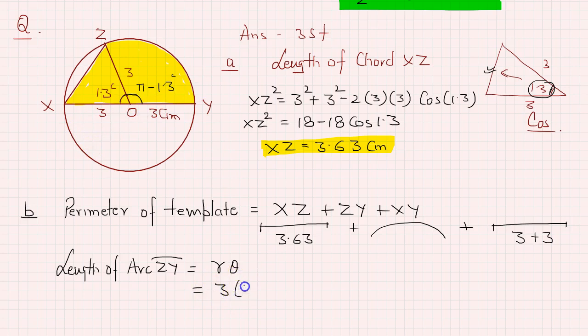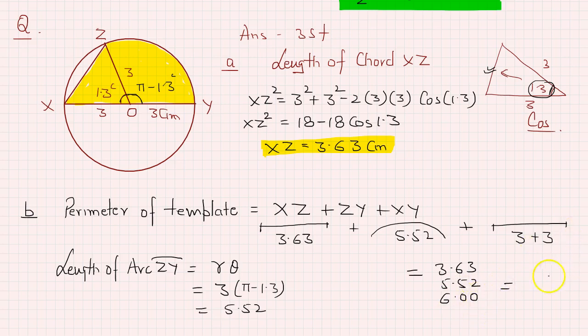So 3 times pi minus 1.3, which is 5.52. So our answer is 3.63 plus 5.52 plus 6.